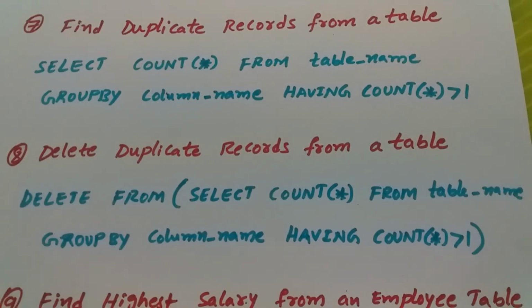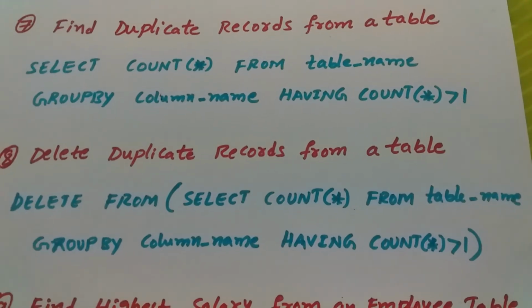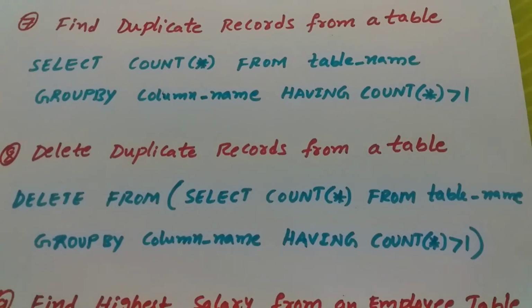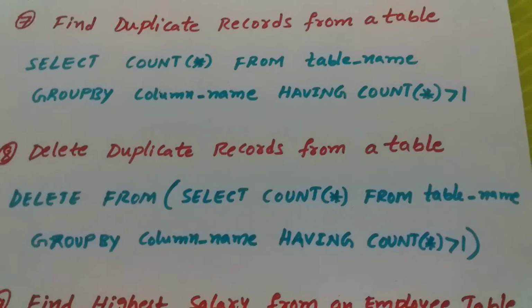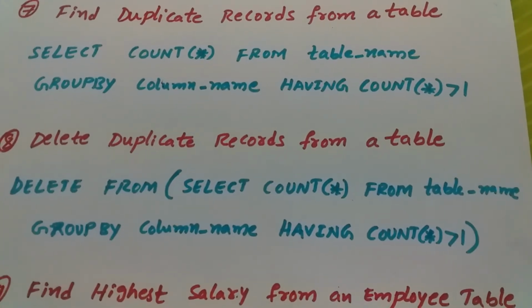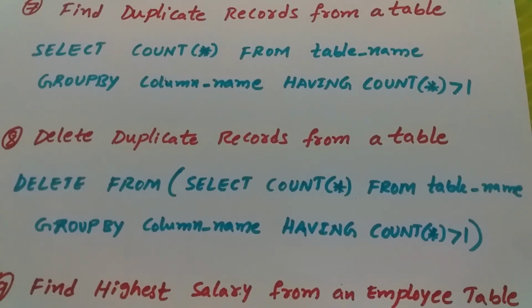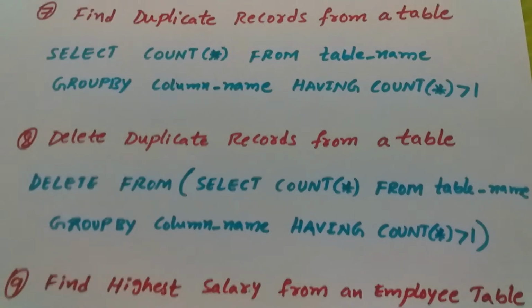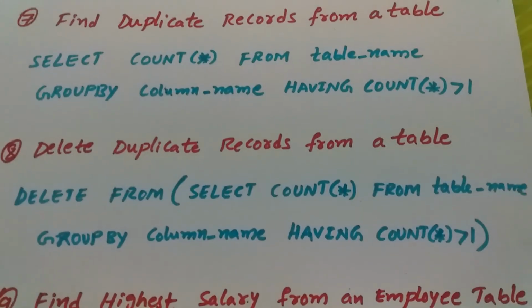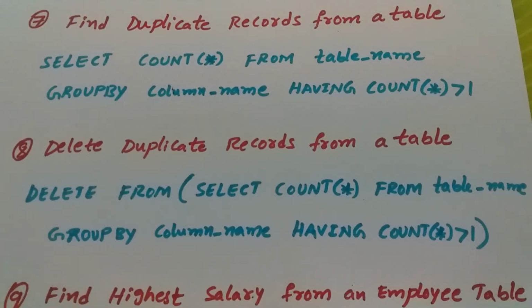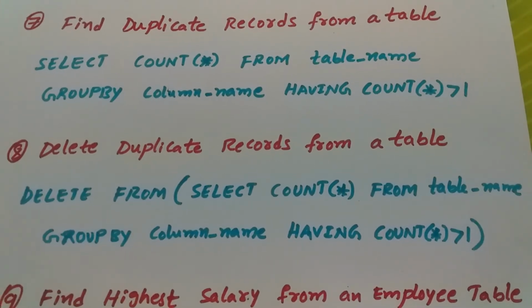So delete from, again the inner query starts within parenthesis, that is select count(*) from table name, group by column name having count(*) greater than, which is already mentioned in the previous query. So with this query we can delete duplicate records from a table.